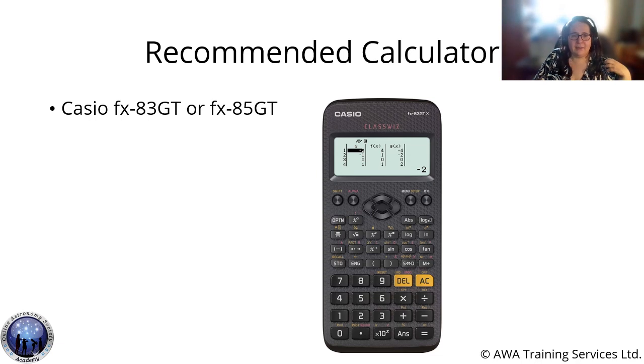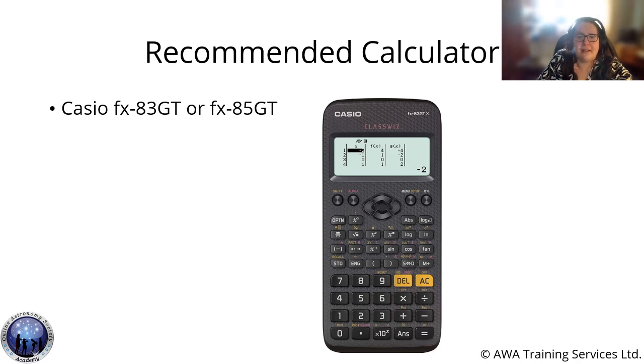Now, the calculator we recommend is this one in the picture. This one in the picture is the 83. It's a Casio FX83 GT. The new one has an X on it as well, so it's a GTX. Or you can get the 85, which is a little bit more expensive, and it's the same machine as the 83.